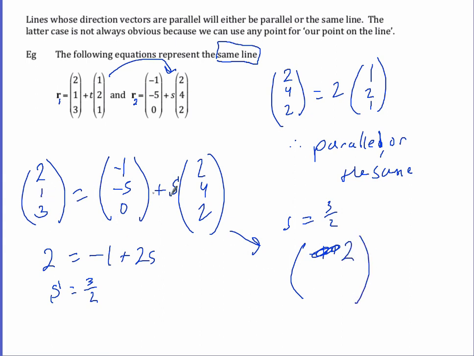The second component is going to be negative 5 plus 3 over 2 times 4, which equals 1, and the last one is going to be 0 plus 3 over 2 times 2, which equals 3. So yes, it is on the line, and that's why they are the same line.